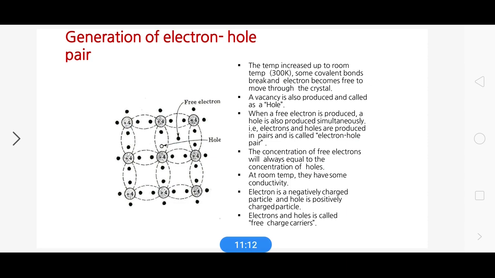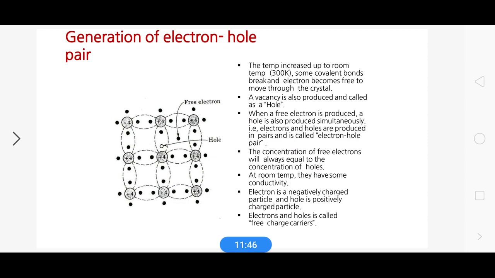Some covalent bonds are broken, and free electrons and free holes are generated. Now if you observe the charge of the carriers, an electron is a negatively charged particle, and the hole is a positively charged particle. So these electrons and holes are called free charge carriers.